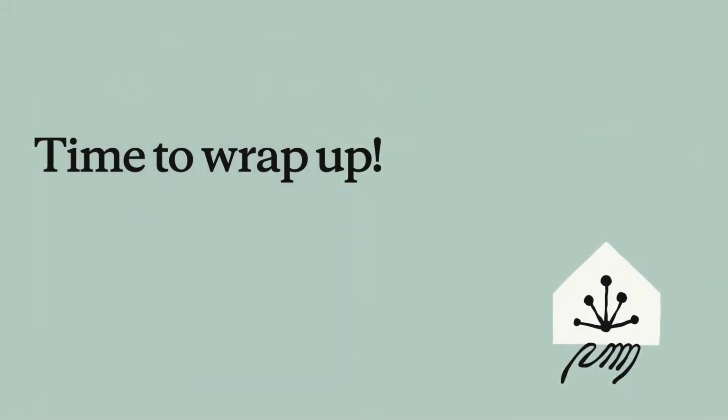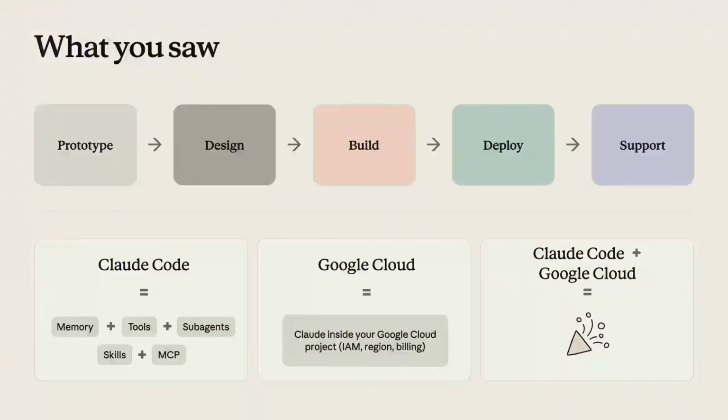I think I'm just in time, so time to wrap up. What I tried to explain today is essentially two things. First of all, I was trying to show you how all the components of Claude Code, including skills, MCP servers, and sub-agents, can really speed up the process of software development, as well as how you can use Claude Code with Claude models on GCP in a very seamless way.